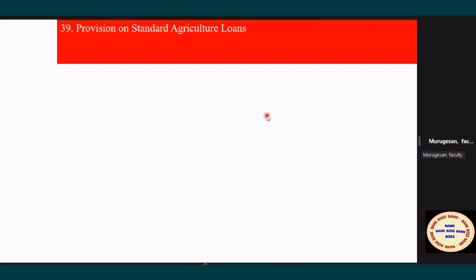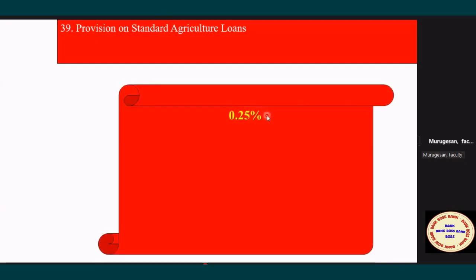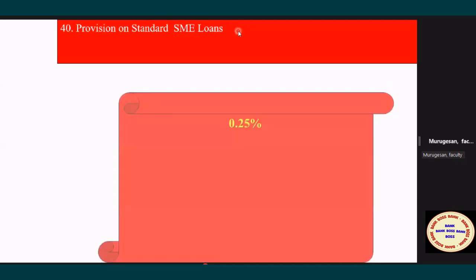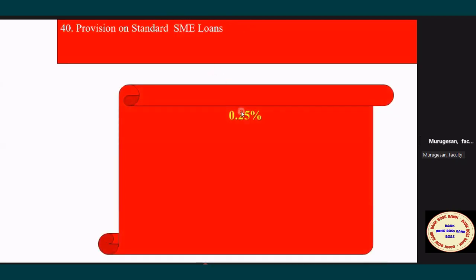Now, you need to create provisions on standard assets also, as a very prudential way, also called counter cyclical or a proactive approach. For agriculture loans, it is 0.25 even on standard assets. Next, SME loans, again 0.25 on standard.